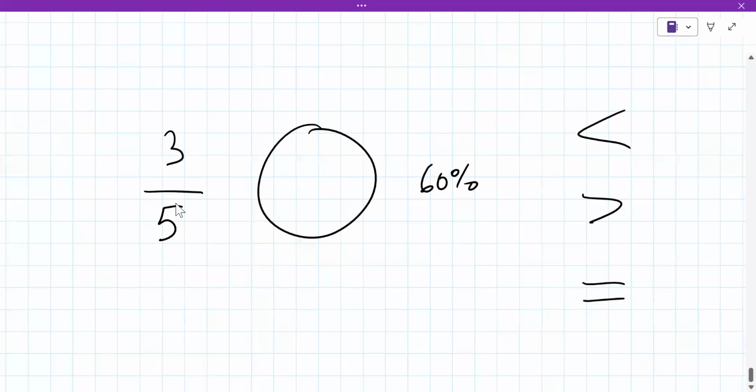I got 0.8. 5 into 3 like this? Oh, 5 into 3 would be 0.6. So they're equal. So C. Yeah, equal.